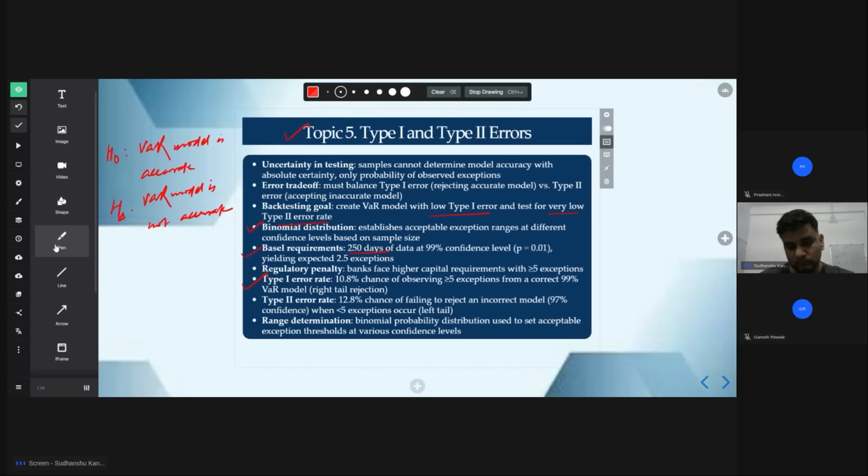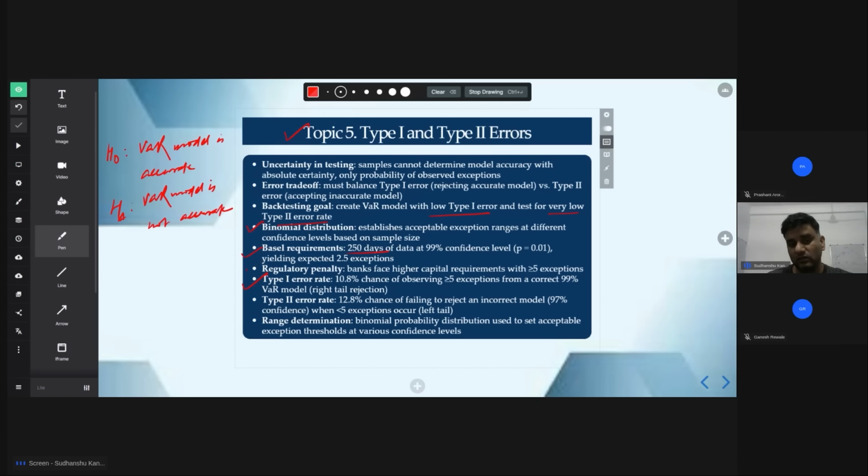For your 99% confidence level over 250 trading days, we only have 1%, and 250 times 1% is 2.5 exceptions. Basel uses these ranges to decide if a bank's model is green, yellow, or red. Green is acceptable, yellow is caution, red is unacceptable.